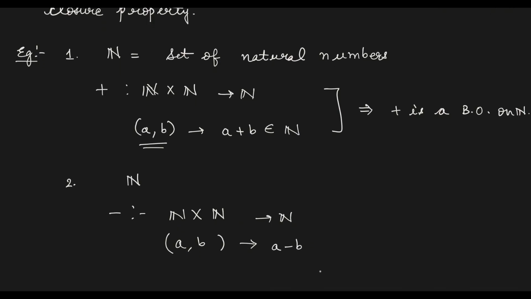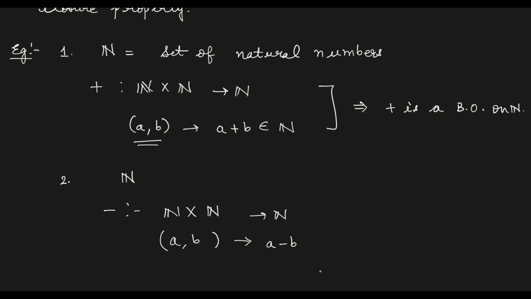Meaning, I am asking, is minus a binary operation on natural numbers? No. Any example? 1 minus 2. That will be minus 1, so it is not a natural number. This means that minus is not a binary operation on natural numbers.